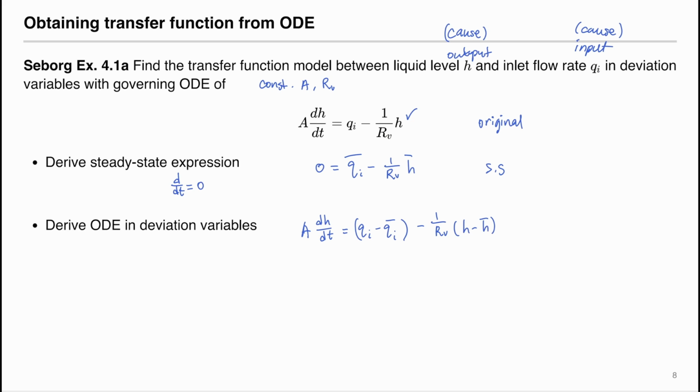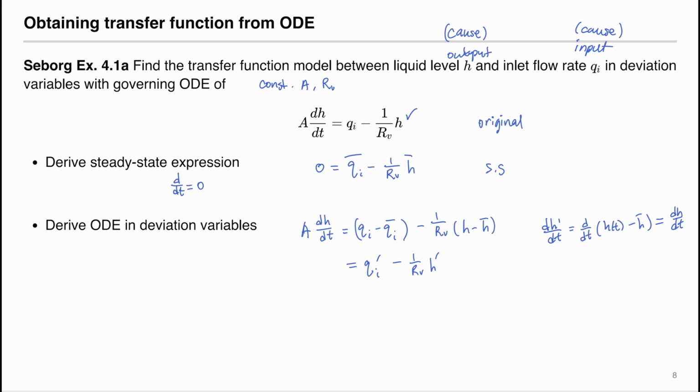As before, we can use the definition of deviation variables: Q of I prime minus 1 over RV times H prime. At the left, we still have that dH/dt term, and we can do that as before, dH prime/dt, using the definition of H prime, which is H of t minus nominal steady state, equals dH/dt, because the derivative of a constant is 0.